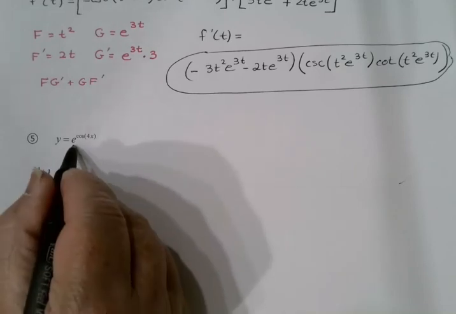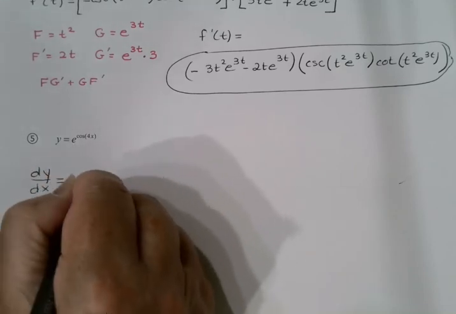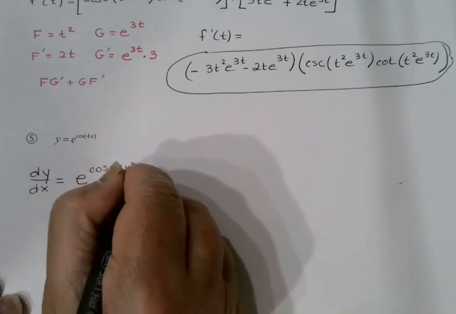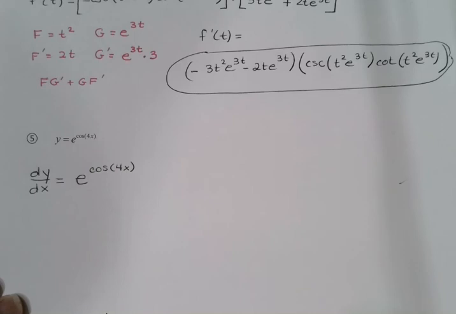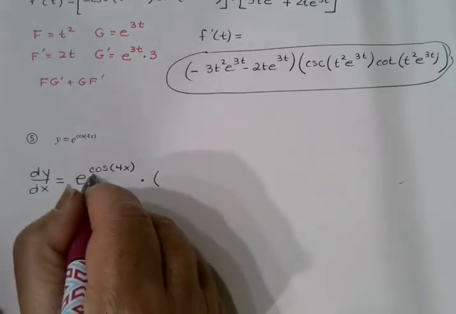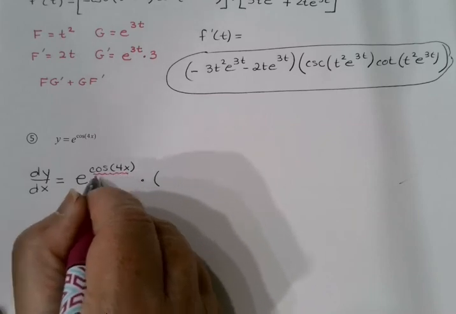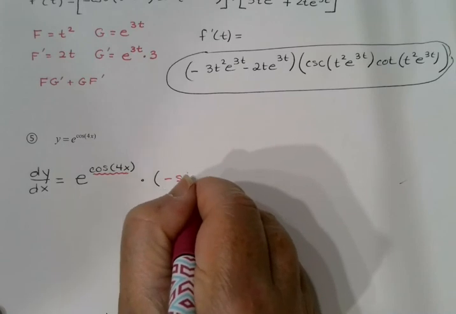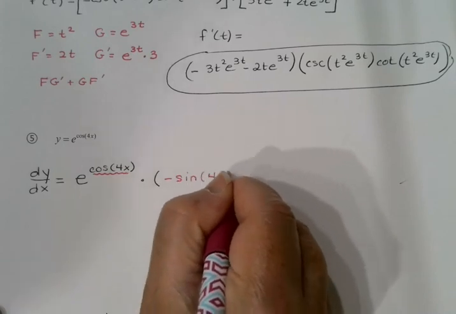First of all, the derivative of the exponential is going to be itself, e to the cosine 4x, times the derivative of this cosine 4x, which would be negative sine 4x.